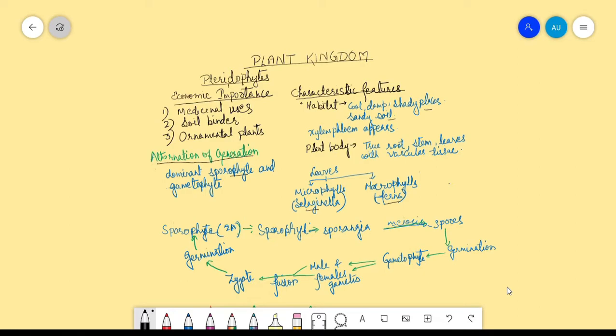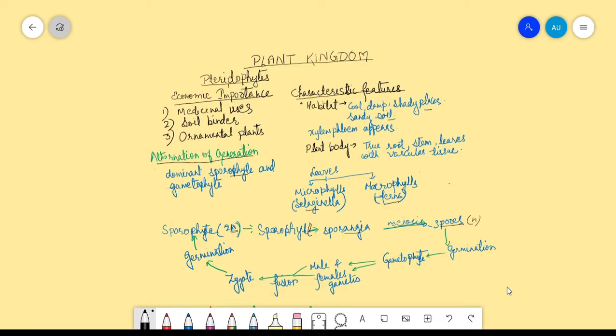Now see here, sporophyte is a diploid structure having double chromosome number, 2n. This will give rise to the sporophyll, and this sporophyll will bear the fruiting body like structure known as sporangia. Inside this sporangia meiosis will take place, that is reduction division, and it will give rise to the spores, which are n or haploid structures.